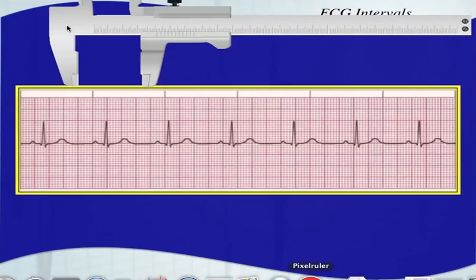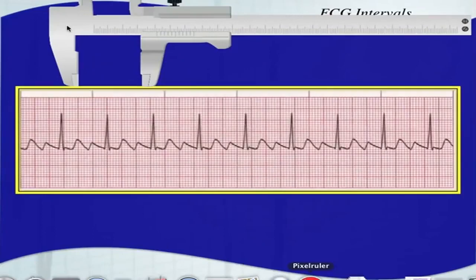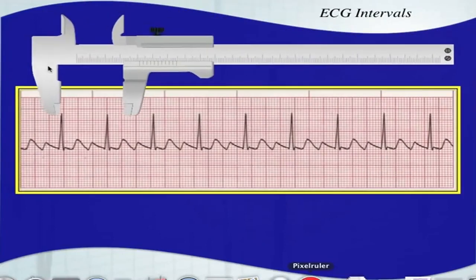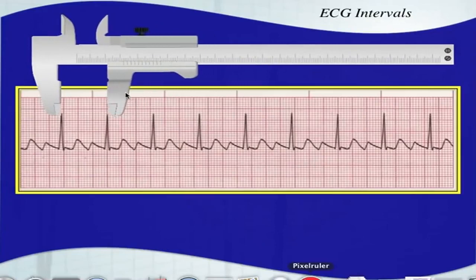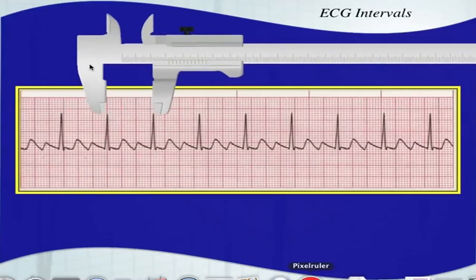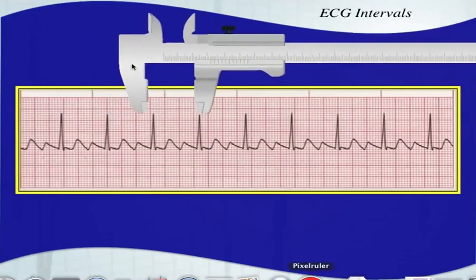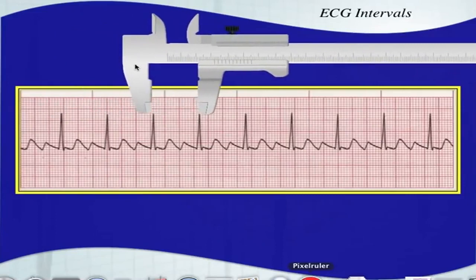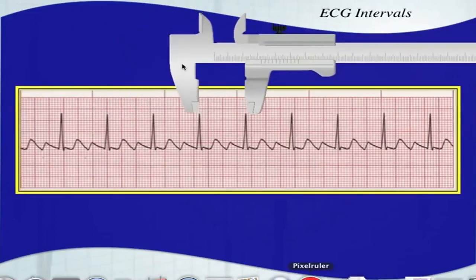Okay, let's take a look at the next. All right, so again, this is where you would draw your first line over here on your piece of paper, and you would draw your next line right here, and then you would just take that piece of paper or your calipers and measure out with the next one, and you would see that they pretty much match up all the way through this rhythm.